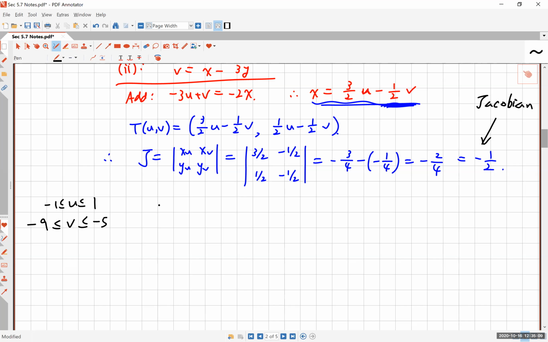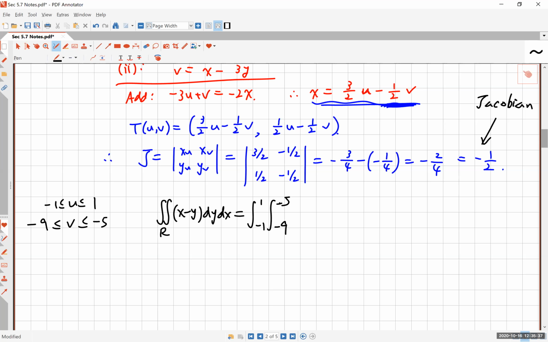Okay. So then I'm going to take the integral. The integral I'm looking for, x minus y dy dx. Remember, this was hard to find the limits of x and y. So instead, now we are going to move from the world of xy to the world of u and v. In the world of u and v, u goes from -1 to 1. V goes from -9 to -5.